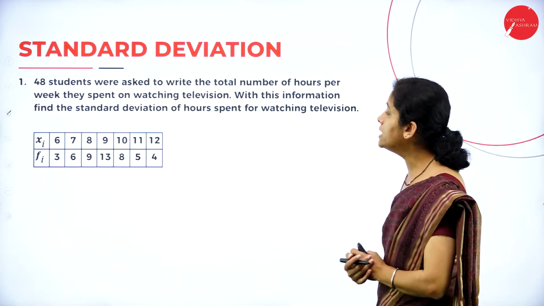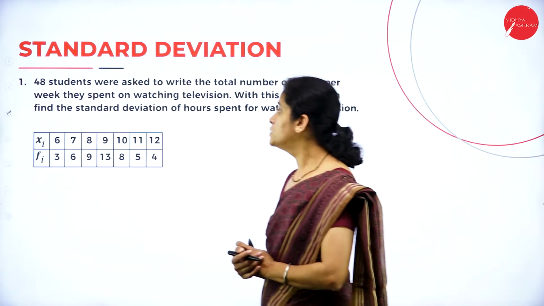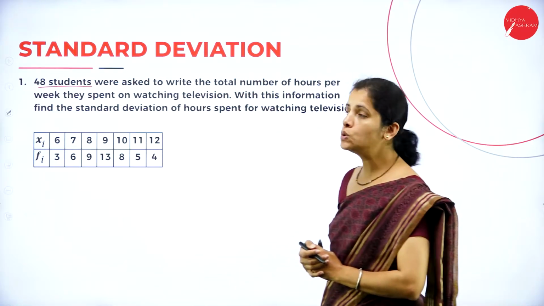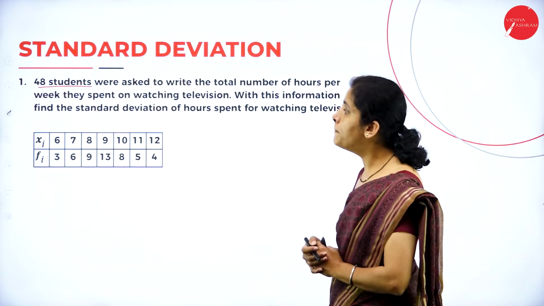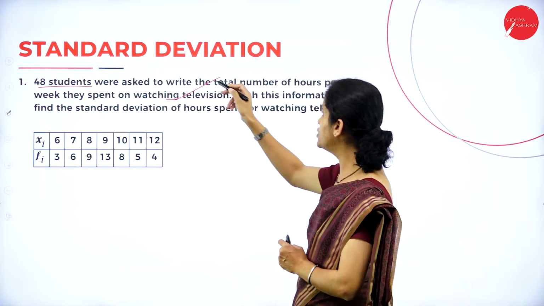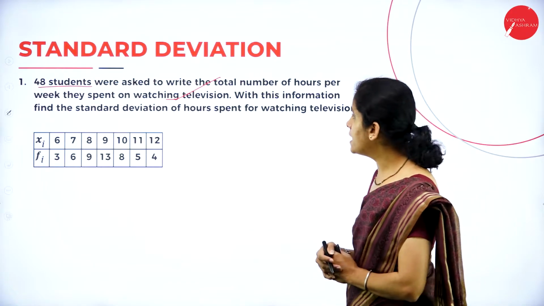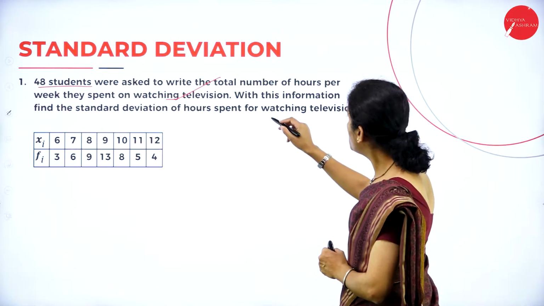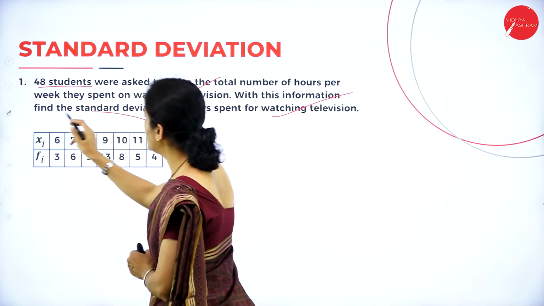Now, dear student, I'm going to have the example problem here. So here 40 students were asked to write the total number of hours per week they spent on watching television. With this information, find the standard deviation of hours spent for watching television, and this is the given data.